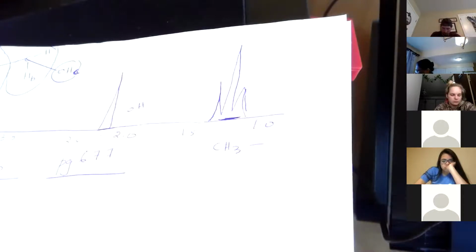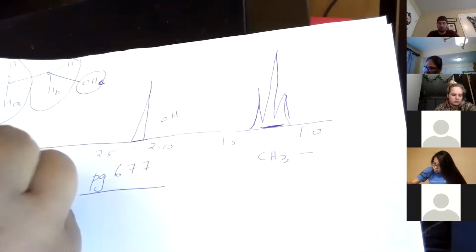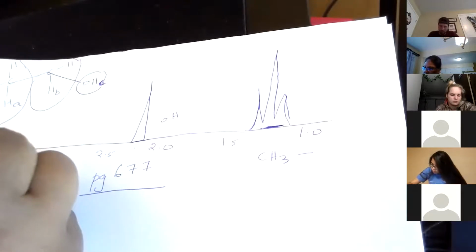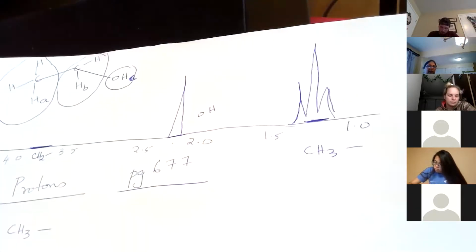Now the CH2, I'm going to tell you, it's further down, around 3.6. This is where your CH2 is going to appear. Can you draw the peak that you would get for the CH2? The CH2 group has how many neighbors?